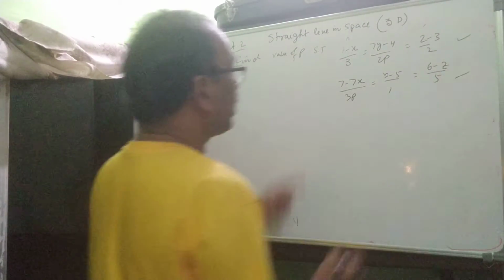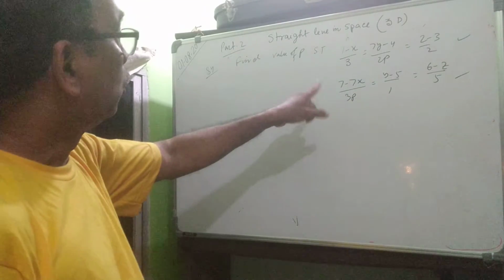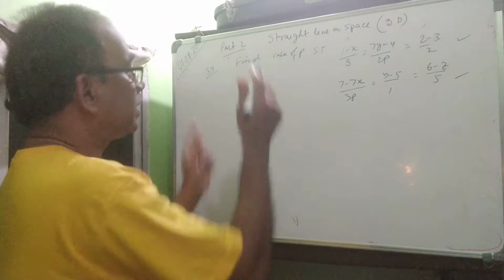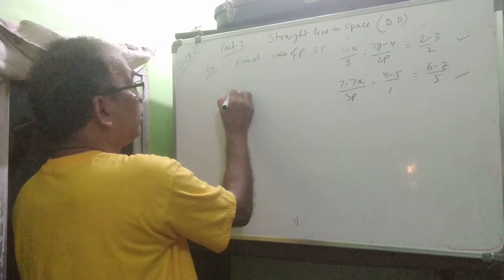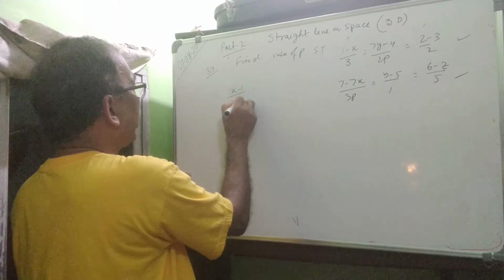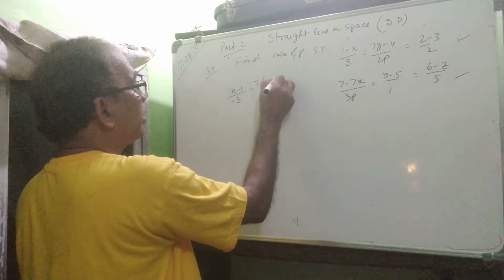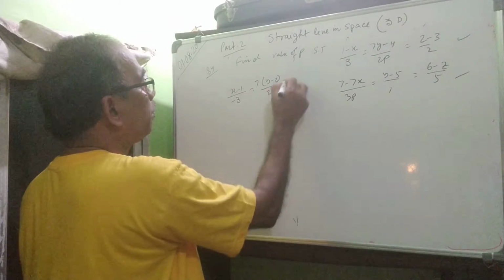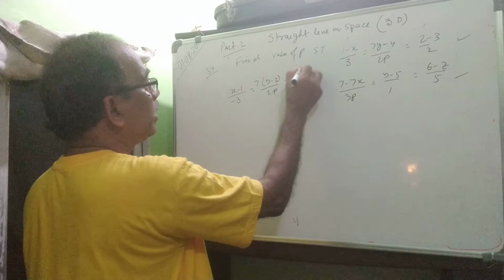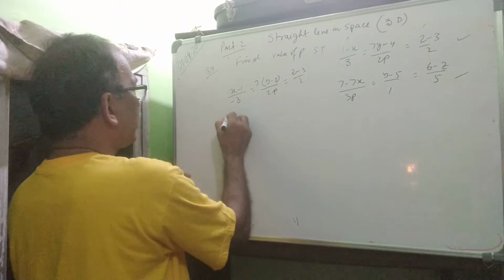These two equations are in Cartesian form; we have to convert them to standard form, that is x minus x1. We can write x minus 1 by minus 3 in standard form. Here 7 is common: y minus 2 by 2p equals z minus 3 by 2. This is standard form.